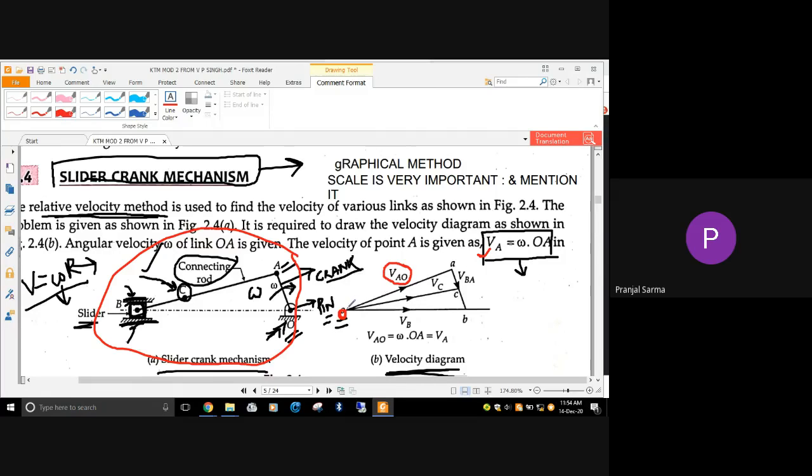This was the link position, so the perpendicular direction is something like this. This way we draw the vector as per the scale. Suppose this magnitude is 5 centimeter, we draw 5 centimeter, and the direction is perpendicular to this link. Up to this point, is it okay? Let me know.